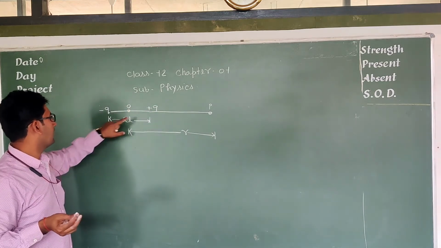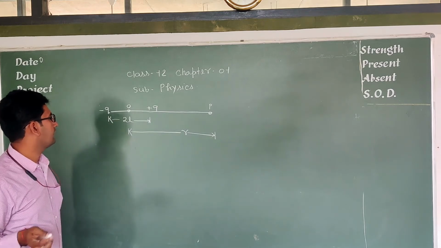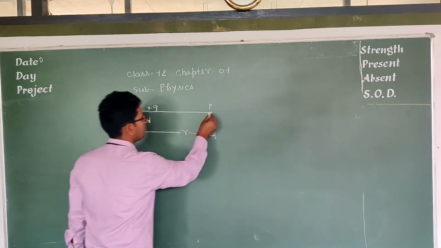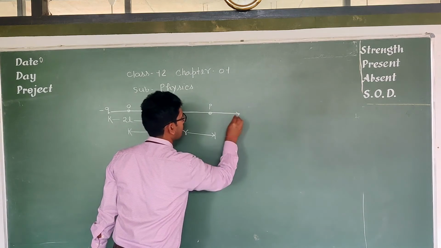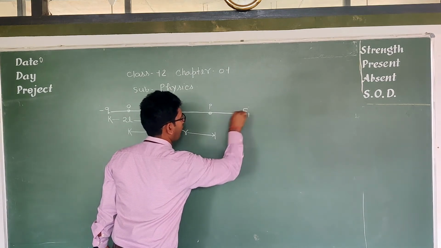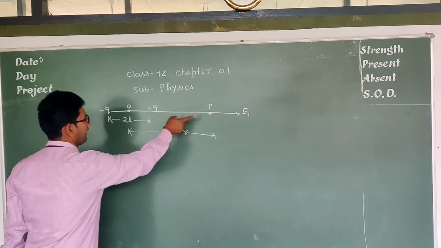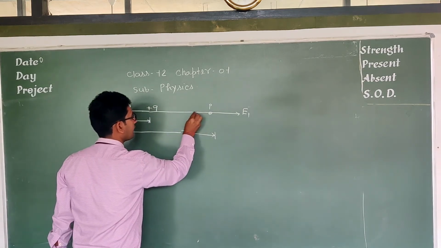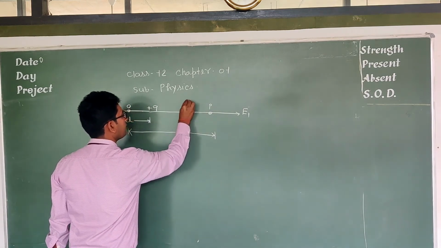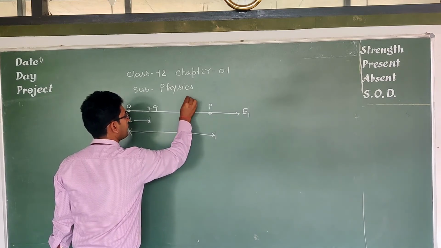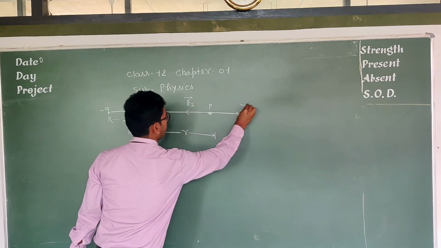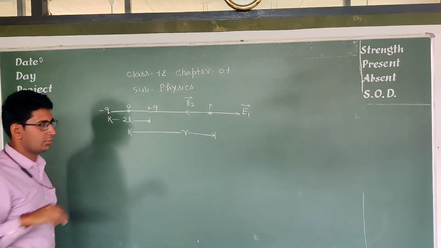And electric field intensity for plus Q is always outward, and electric field intensity for negative Q is always inward.